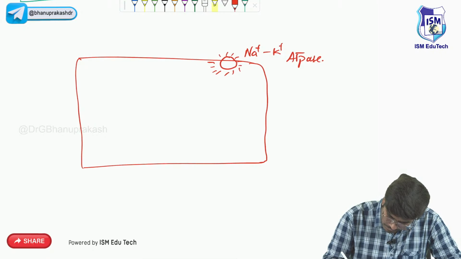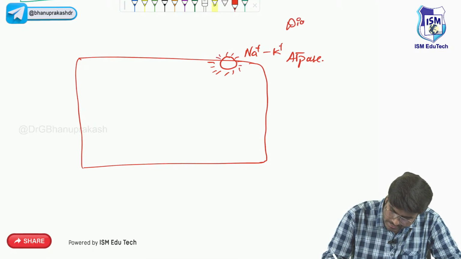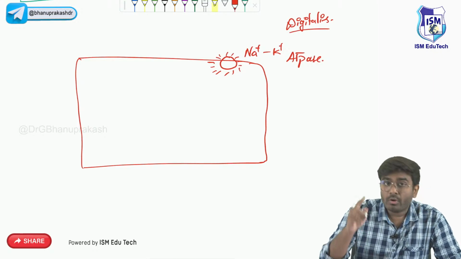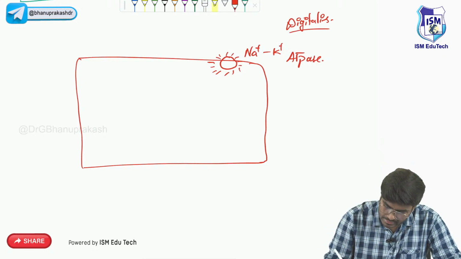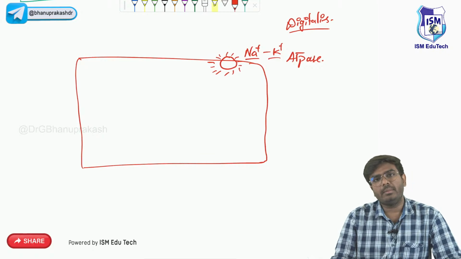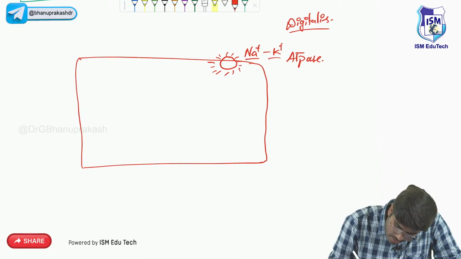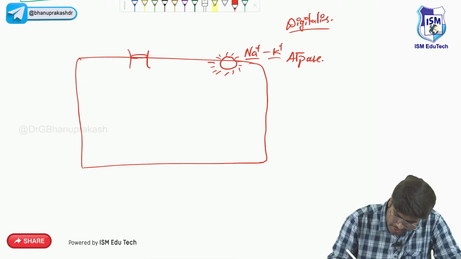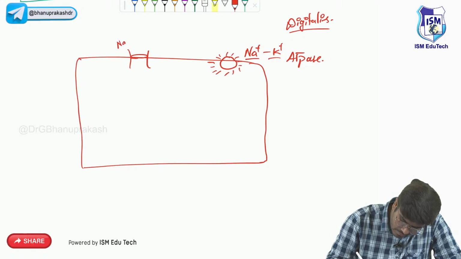Now, what will this digitalis do? On your myocardial cell, apart from sodium potassium ATPase, there is also something called a sodium calcium exchanger.